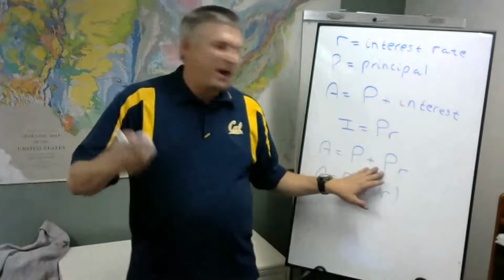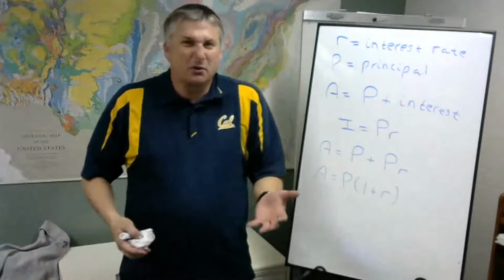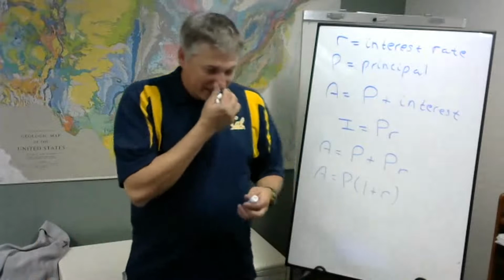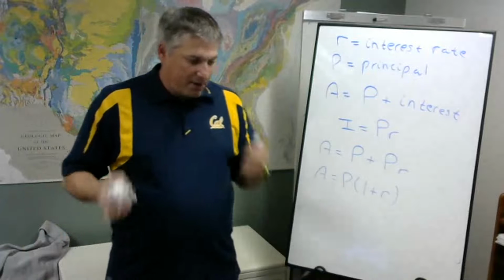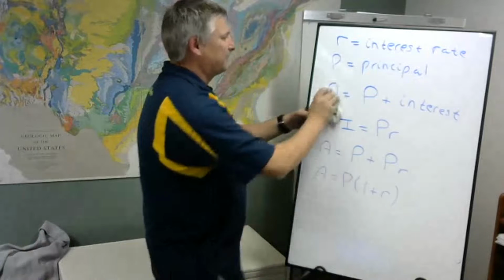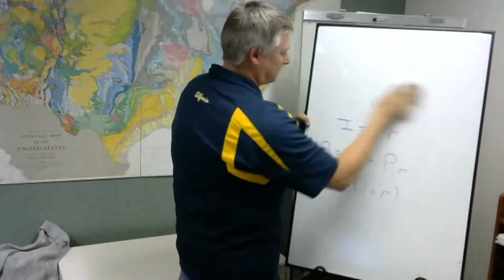And then as sort of a trick of math, we can pull out the P, and that just looks kind of cool. But let's say we borrow this money for more than a year.